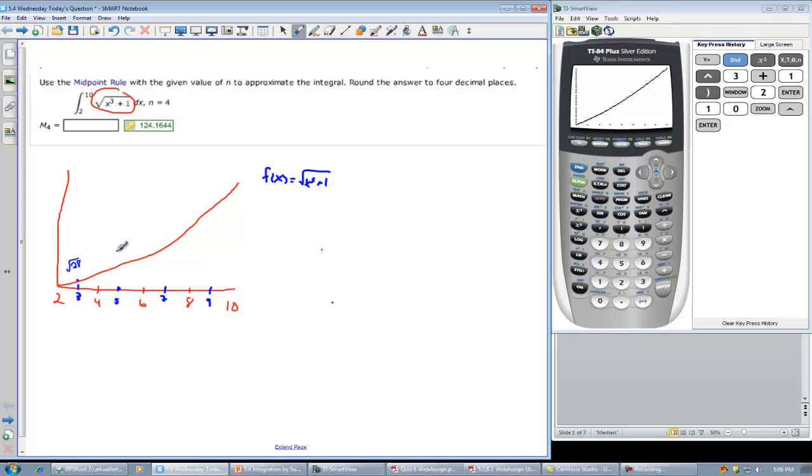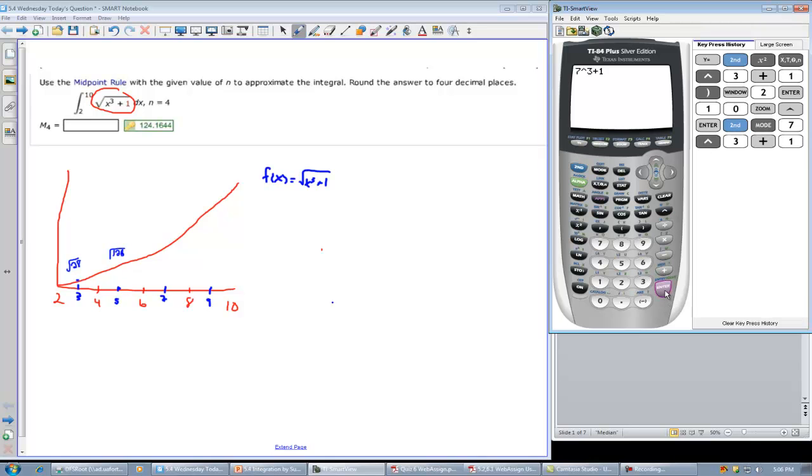Plug in 5, I get 125 plus 1, so 126. I plug in 7, and I'm going to use my calculator for this one, so 7 raised to the 3 plus 1. And I get 344. And then I plug in 9, so 9 raised to the 3 plus 1. And I get 730, so square root of 730.